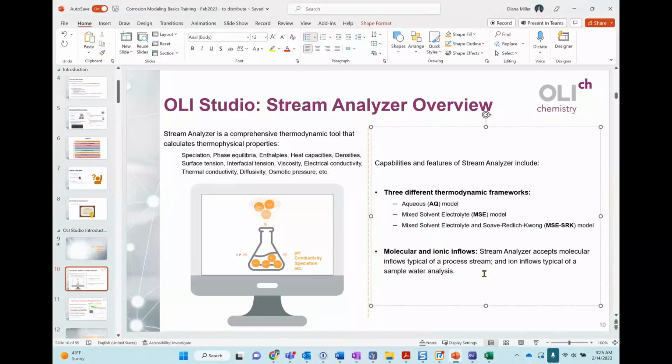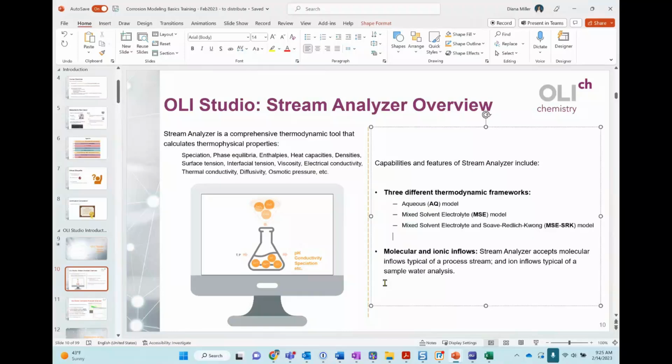I think the limit is up to 350 degrees C and 4,000 atmospheres. Then we realized that the MSE model is not ideal when you're working with supercritical fluids.